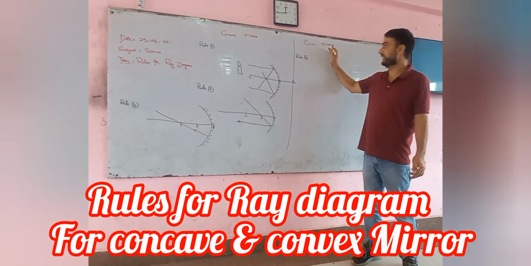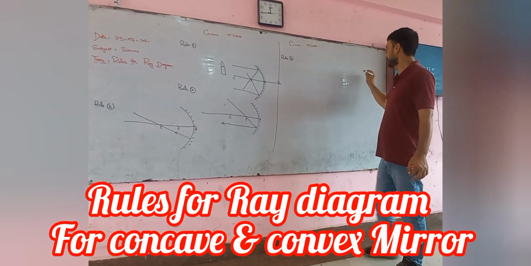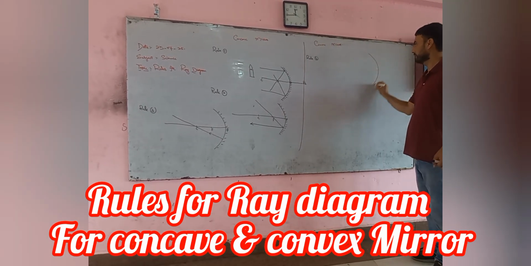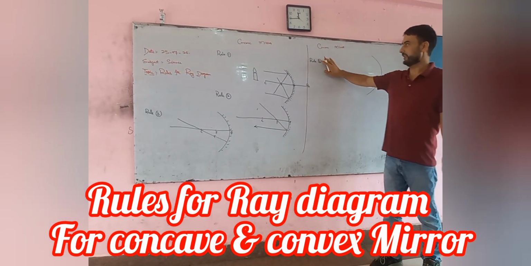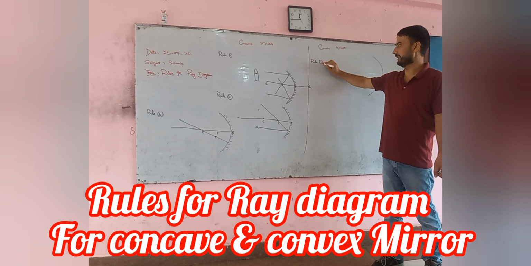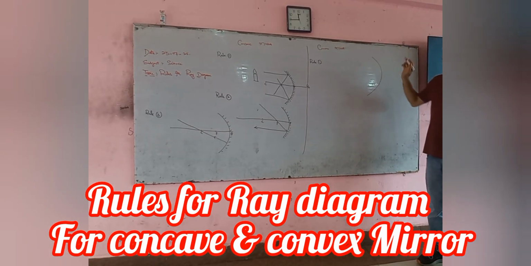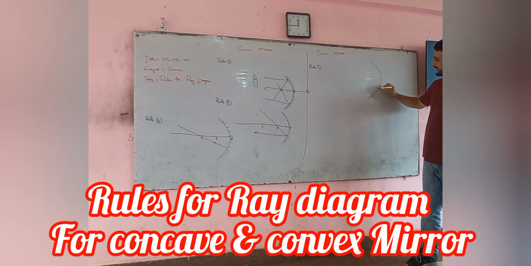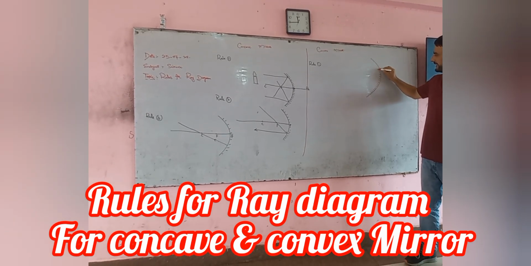Now I will show you the rules for the ray diagram for a convex mirror. This is a convex mirror. First, I will show you rule number one for the ray diagram for a convex mirror. A convex mirror is a mirror whose outward surface is the reflecting surface.